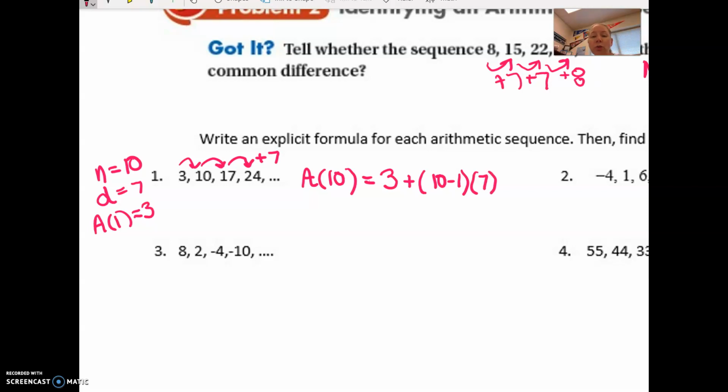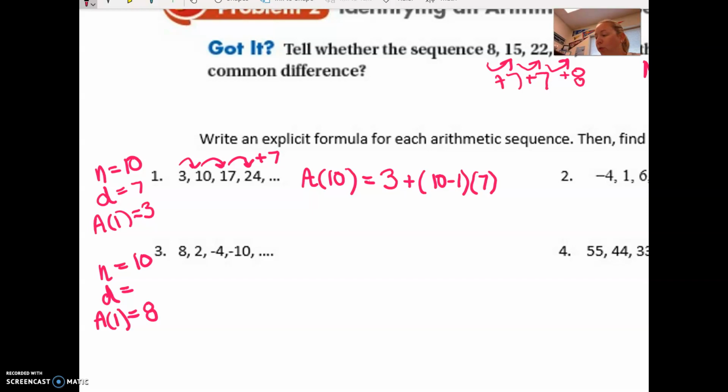That's what you would do for 1, 2, 3, and 4 here. You would identify n, which is always going to be 10 for this case, the common difference, and then the first term in the pattern, which in this case is 8. Then you just plug those into the formula.